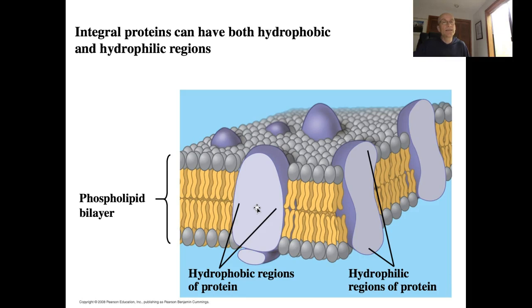Of course, the ones that are polar are not so easily threaded through a membrane with a lot of non-polar and very hydrophobic molecules right next to them, right? So the membrane proteins can vary in their hydrophobicity or hydrophilicity. They might have the bits that stick out be hydrophilic with polar amino acid residues, and non-polar amino acid residues in the hydrophobic region.